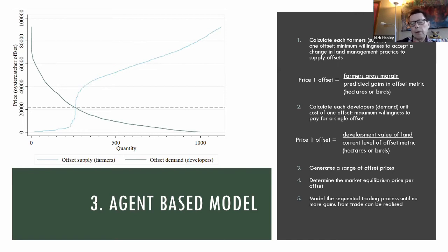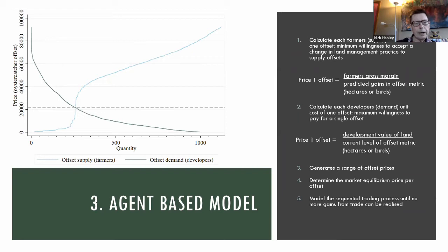If we rank those from the minimum willingness to accept to the highest value of willingness to accept, we'll trace out a supply curve. If we do the same for the demand curve, we can arrive at a function like this. These are empirically estimated from our model. That's going to show us the equilibrium price.